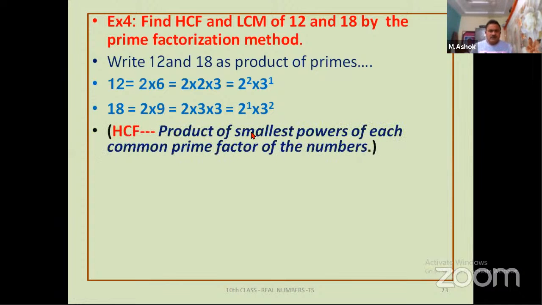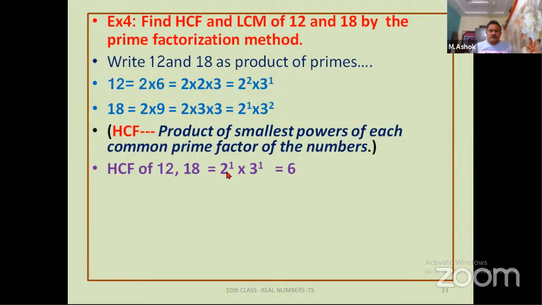Now, just now we have discussed how to find HCF. Product of smallest powers of each common prime factor of the numbers. So here, HCF of 12 and 18 is equal to, out of all these, 2 is a common factor. Here it is there, here it is there. So in these two, which one is smaller?